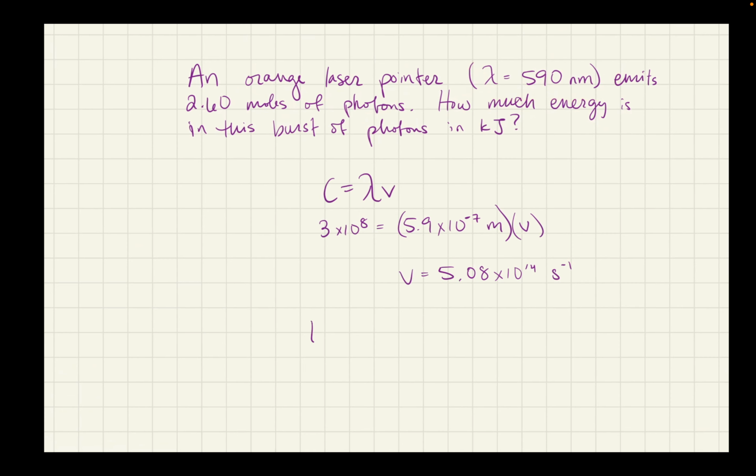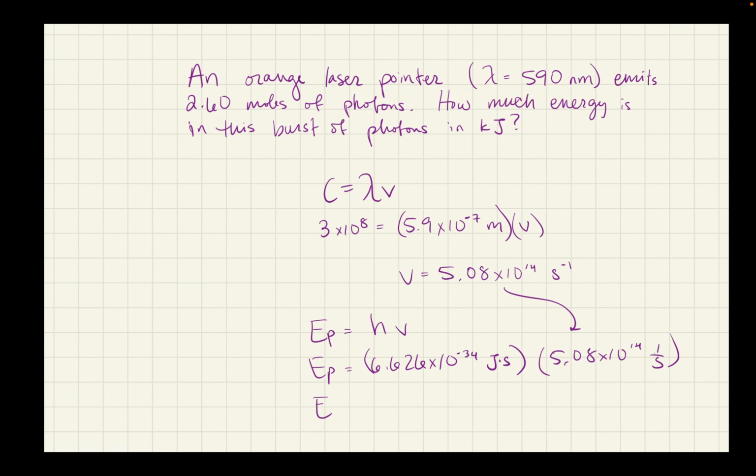Now you take that, and the energy of this orange photon should be Planck's constant times the frequency. So the energy of this single photon is 6.626 times 10 to the negative 34th joule-seconds, a value that would be given to you, times the answer we just got, 5.08 times 10 to the 14th, 1 over seconds, seconds to the negative 1, same thing.